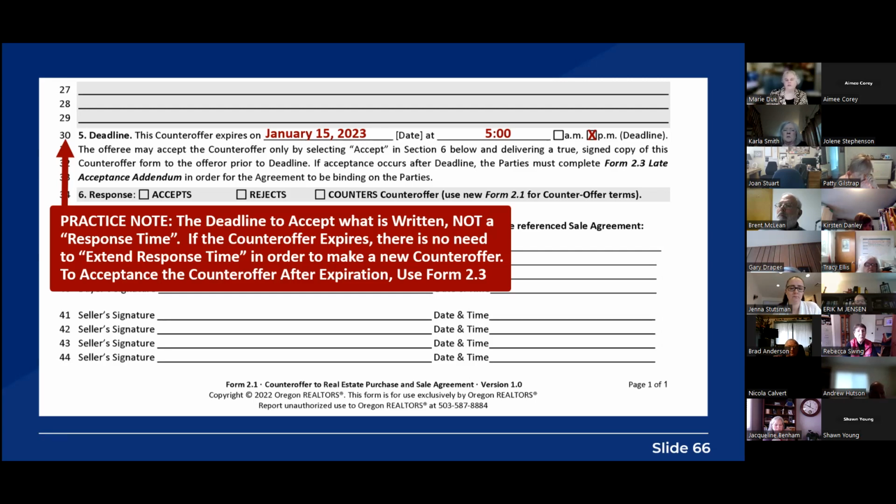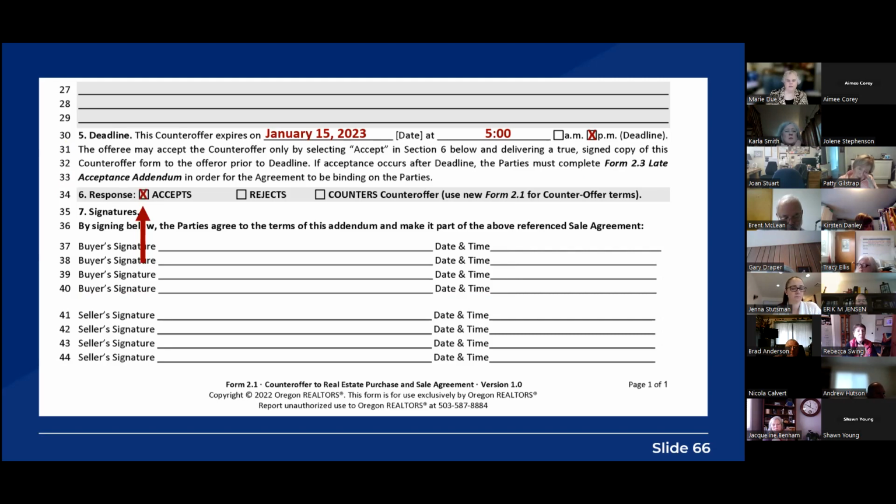So you should think about that when you do the original date for the offer being expired, that this counter offer is inside of that date. Make sure that you're following your own dates on all of this. And again, we have our accepts, rejects, counters, however you want to do that, and the time, all the signatures and stuff.